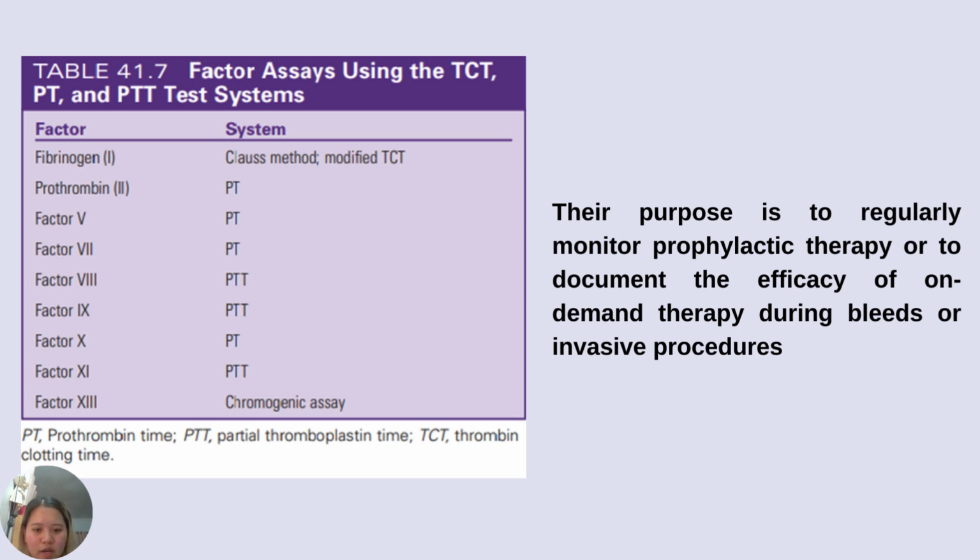And for factor 5 is PT. For factor 7, PT. For factor 8, PTT, which is partial thromboplastin time. For factor 9, PTT. Factor 10, PT. For factor 11, PTT. And for factor 13 is chromogenic assays.